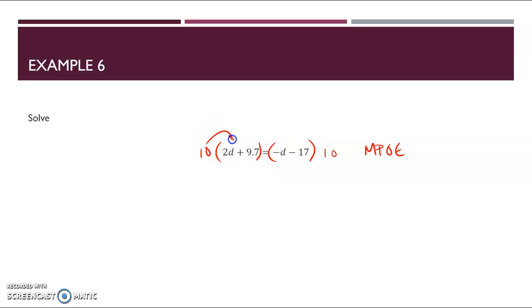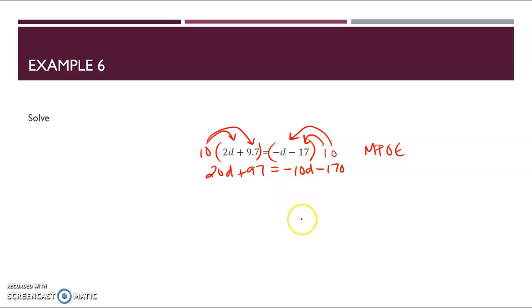So here I'm going to distribute the 10 through, so we're going to get 20d plus 97 equals, and then I'm going to distribute the 10 on the other side. Negative 1 times 10 is negative 10d. Negative 17 times 10 is a negative 170. And so, again, we use that multiplication property of equality to get our new equation with no decimals.